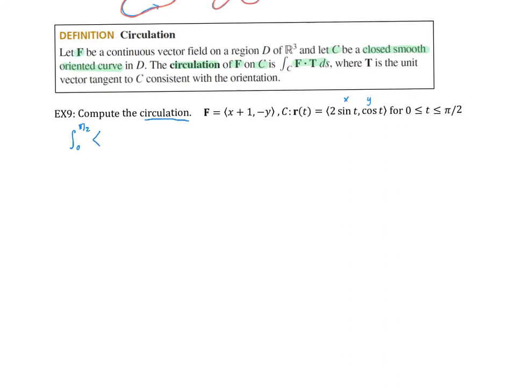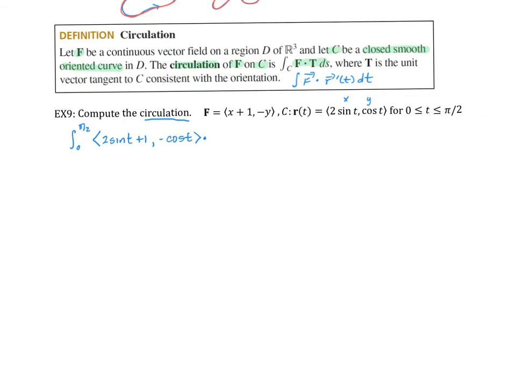F is x plus 1, and x is 2 sine of t. So it's going to be 2 sine t plus 1, comma, negative y, negative cosine t. And I'm going to dot this with the derivative, right? Because we're also using the vector field dotted with the derivative of r dt.